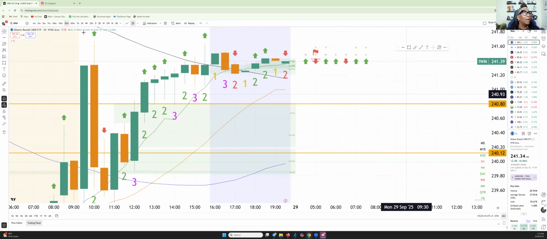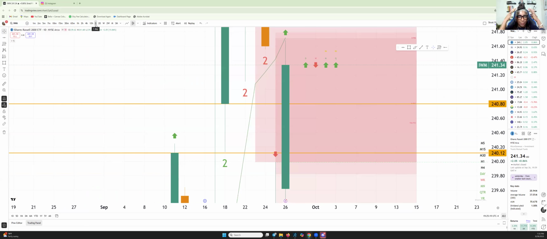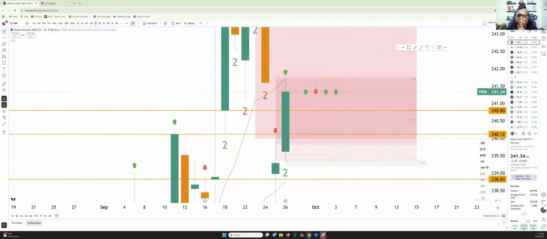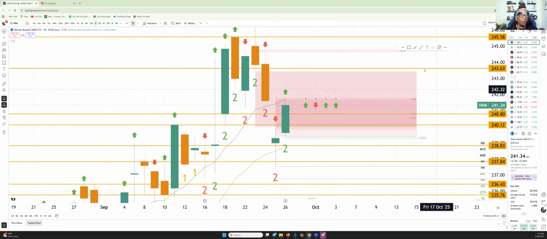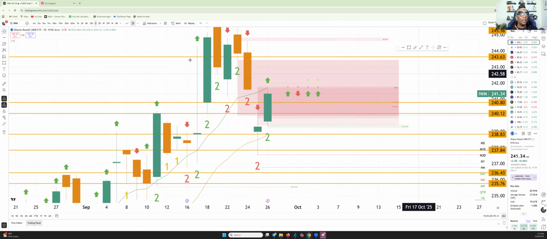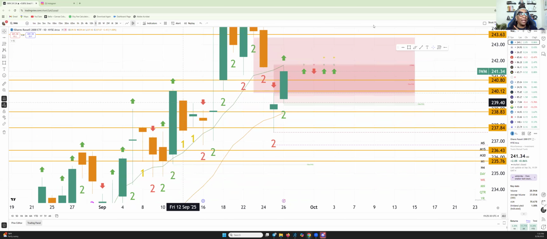All right, let's refresh our minds on our strat numbers. Our 1 number is an indecision candle. Basically, a 1 is a candle that is inside of the previous candle. Here we got a 1. It's lower than the high and higher than the low of the previous candle.